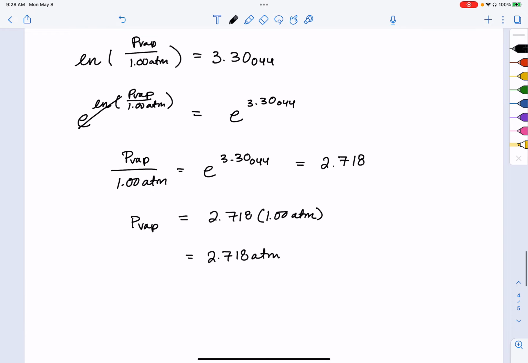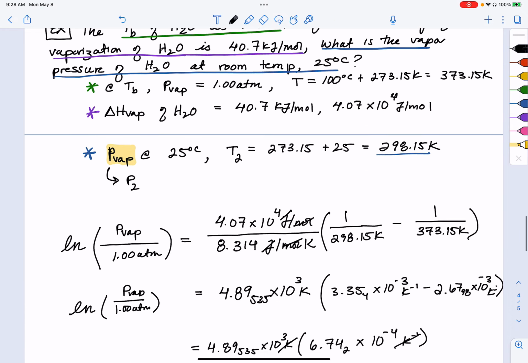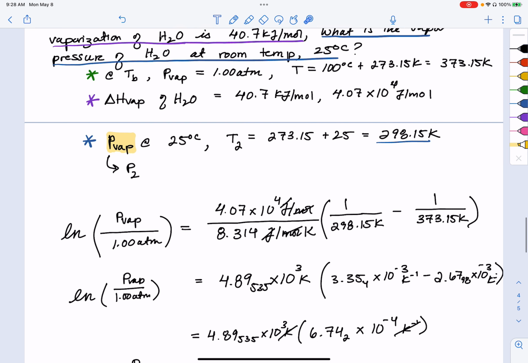Gives me 2.718 atmospheres. Now let's check if this makes sense. At my boiling temperature, we said this was 1 atmosphere, right? Let's see here. Did I do 2 minus 1? Yes. So why is it that I'm getting a higher vapor pressure at a lower temperature?